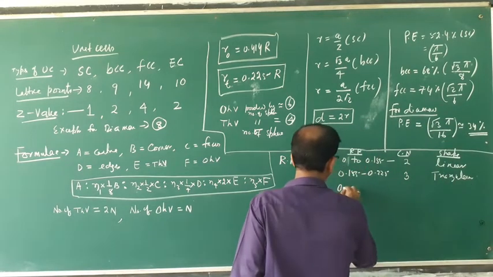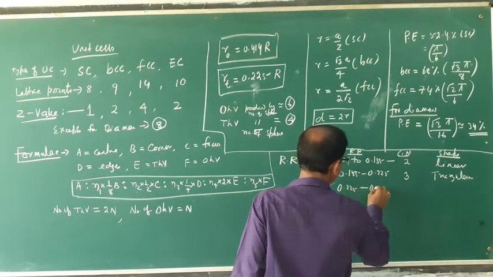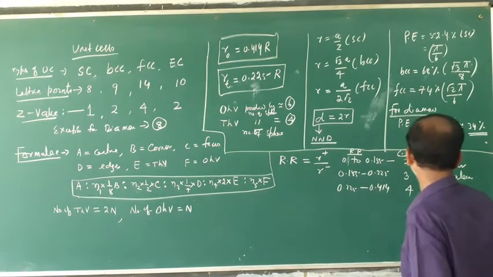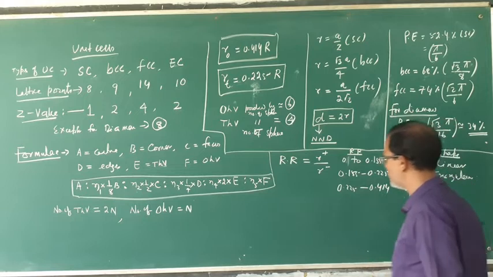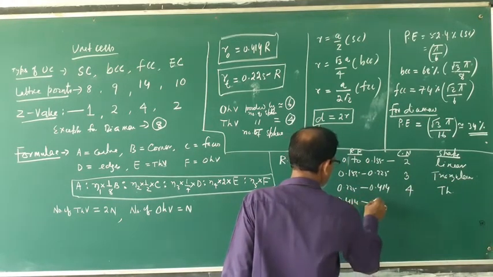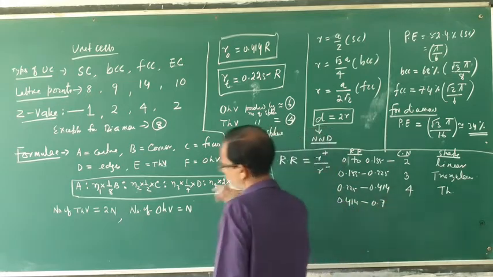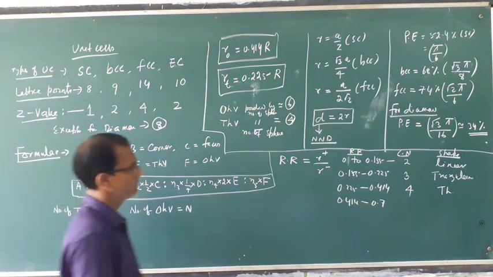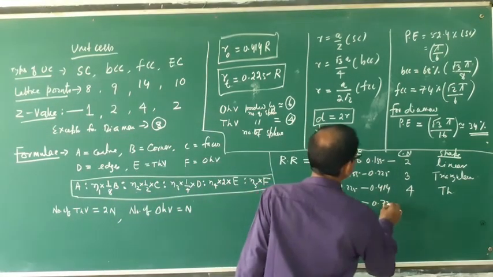Then 0.225 to 0.414, coordination number will be 4, that is tetrahedral, TH short form. 0.414 to 0.732.